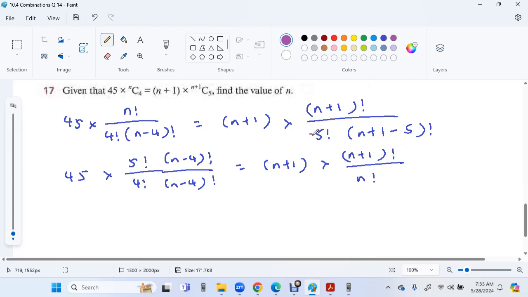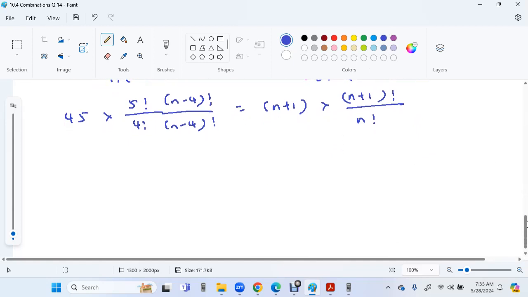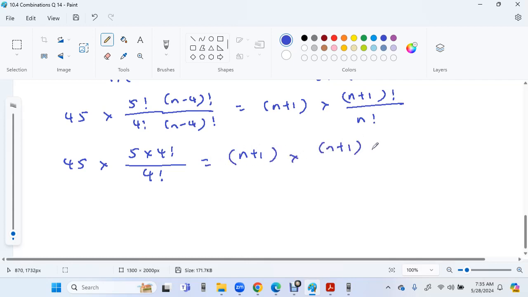So we move the 5 factorial here, and n minus 4 factorial there. And then this one we delete, and we move to the other side. Then we have 45 times 5 times 4 factorial over 4 factorial equal to n plus 1 multiplied with n plus 1 times n factorial over n factorial.